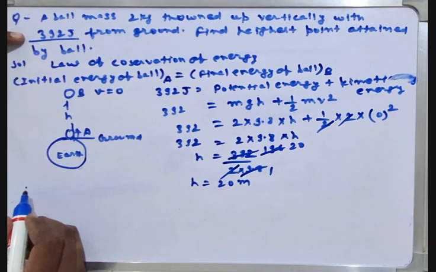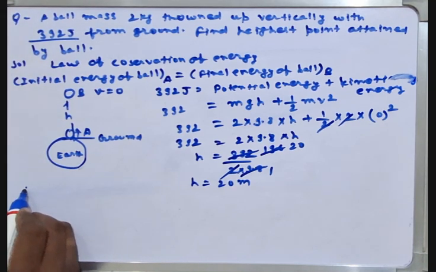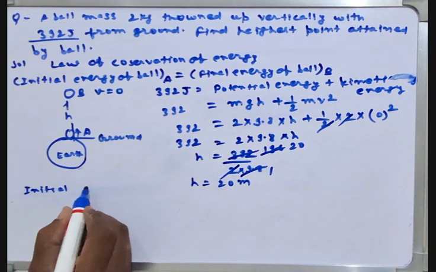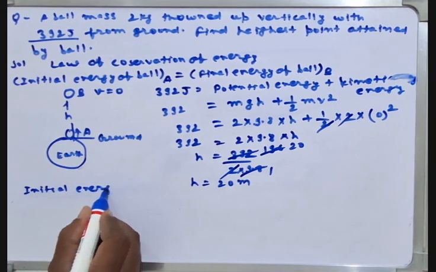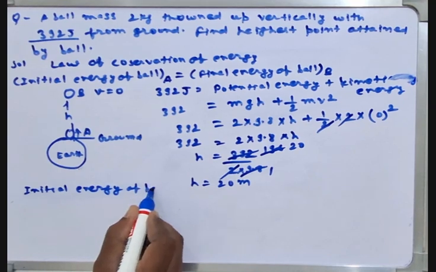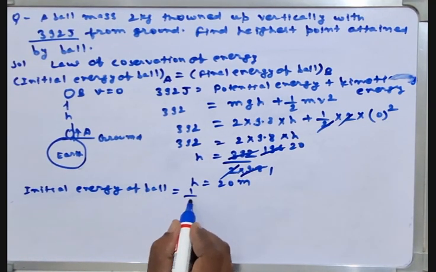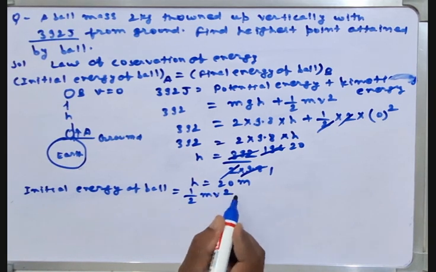This is energy 392. So the initial energy of the ball is in the form of kinetic energy, which is 1/2 mv square.